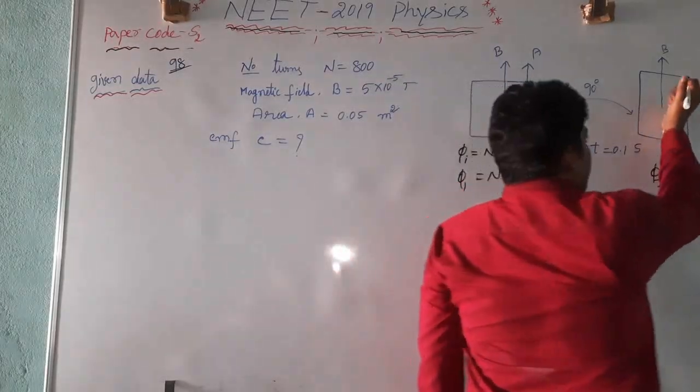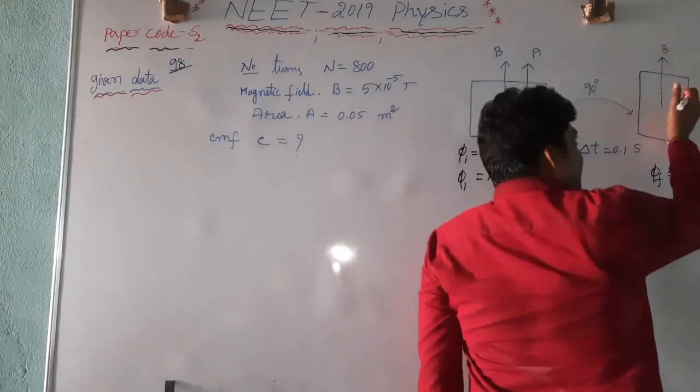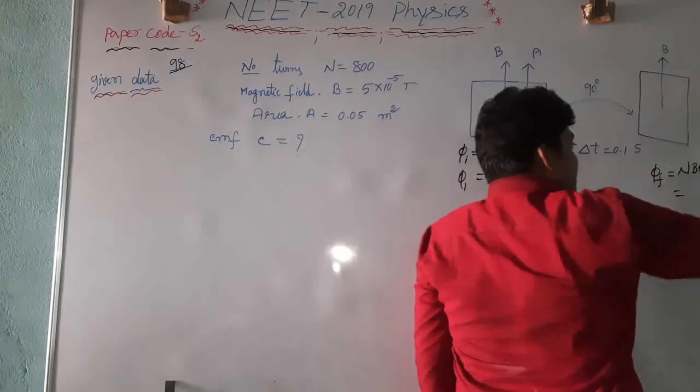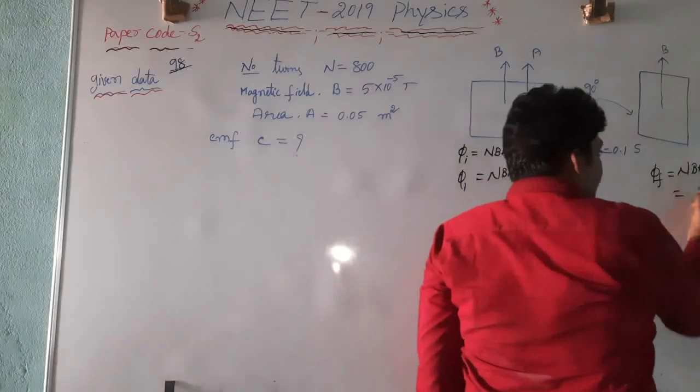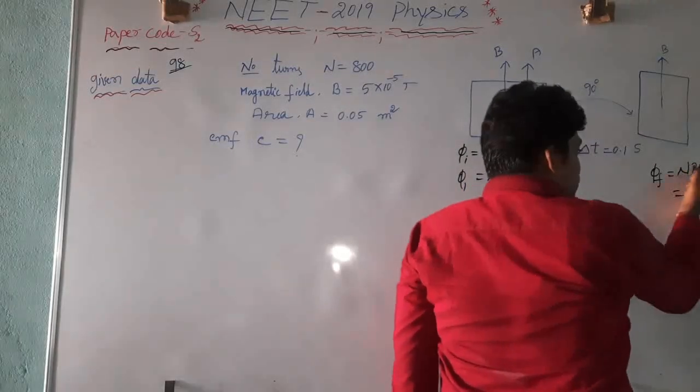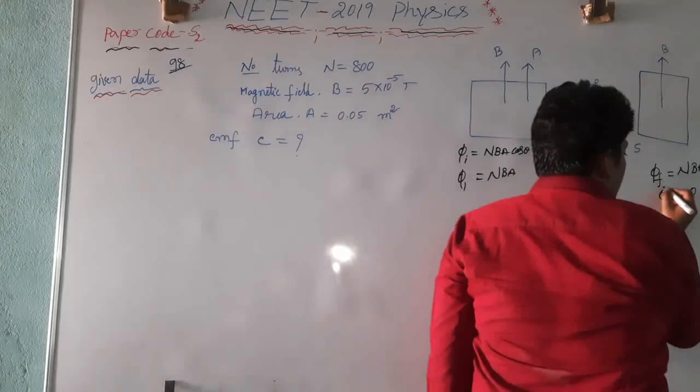Whereas here the magnetic field is upwards, but the area vector is away from the board or towards the board, so theta is equal to 90 degree. Cos 90 degree is 0, so the flux is 0 only.